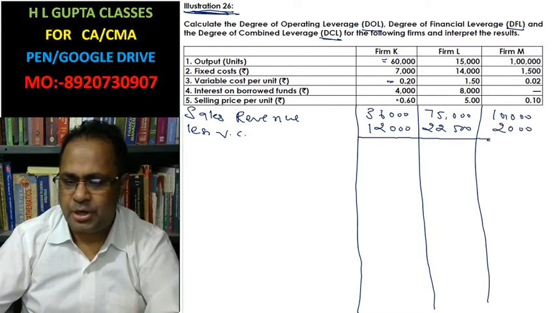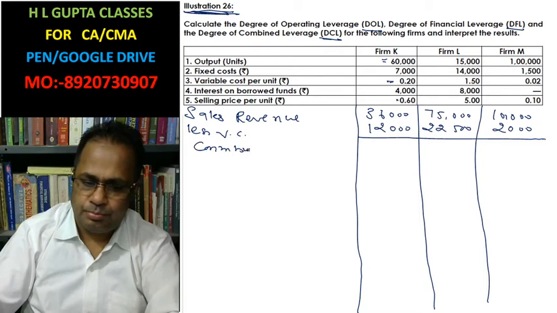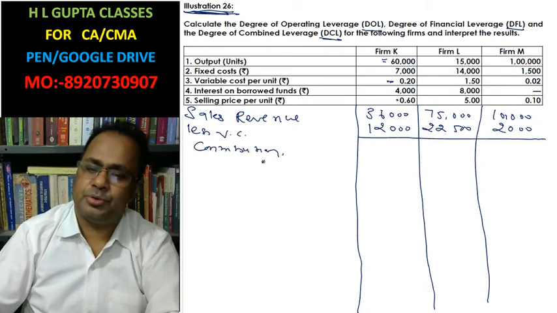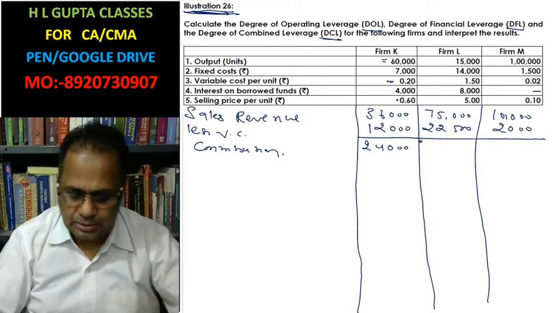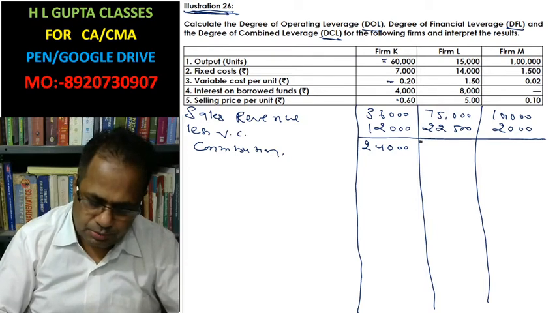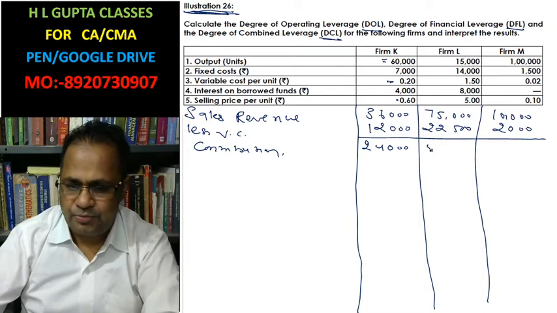Here we have contribution. Contribution is 24,000. Contribution is 75,000 minus 22,500, which is 52,500.